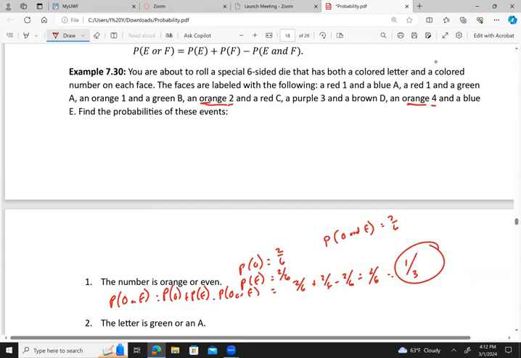The letter is green or an A. Let's see. I have an A, and I have another A, a green A. Do I have any other green or A's?